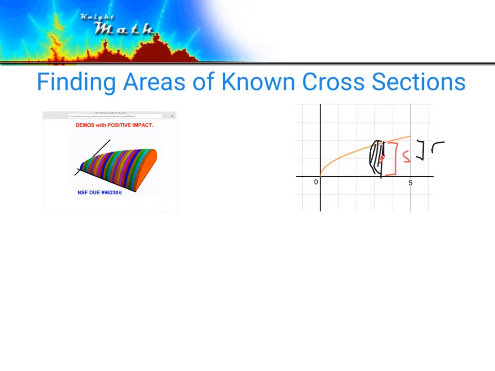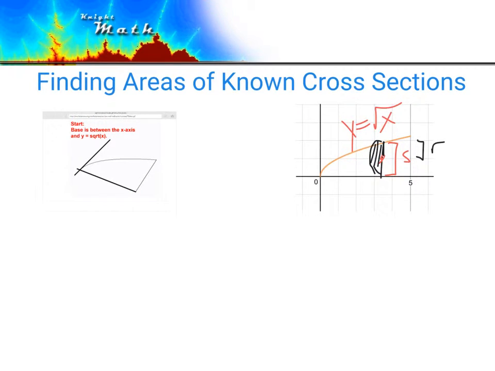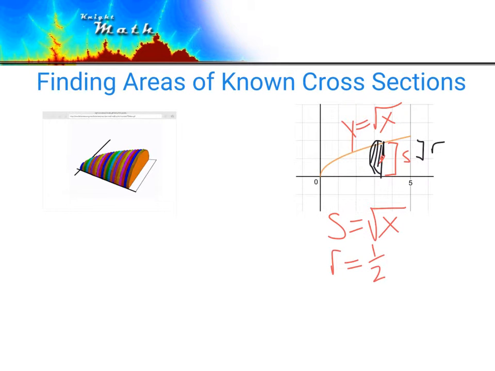In this case, this is the graph y equals the square root of x. And so the length S is just the height of the curve. So S is just the square root of x, written in terms of x. Well, the radius is half that length, so the radius is 1/2 times the square root of x.